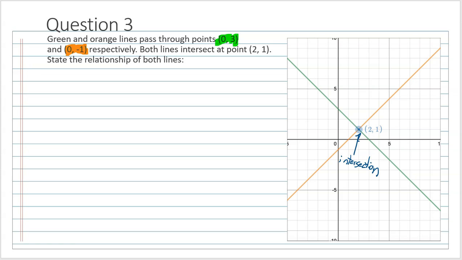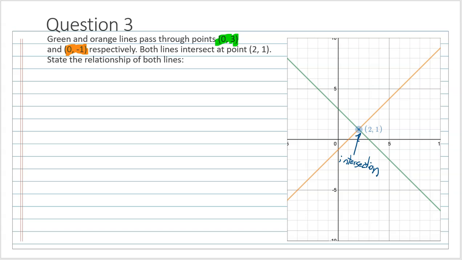So notice we don't have the equation to work with. We've just got a graph, and we've got some arbitrary points we've been given, and one point being the intersection point. Now, the way in which I'm going to do this is I'm going to put all of these points on the graph, and then I'm going to calculate the gradient by counting the squares, so the rise over the run.